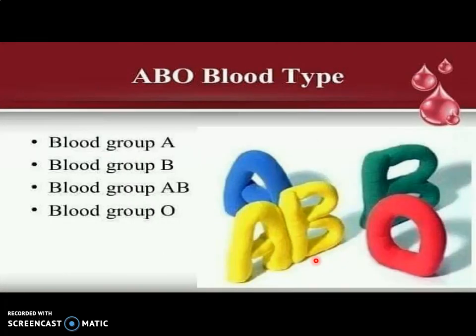We have the ABO blood group, which brings about the presence of antigen A, antigen B, antigen A and B, and no antigen, which is group O. So we have A, AB, B, and O as the 4 blood groups. We normally call them the ABO blood group.